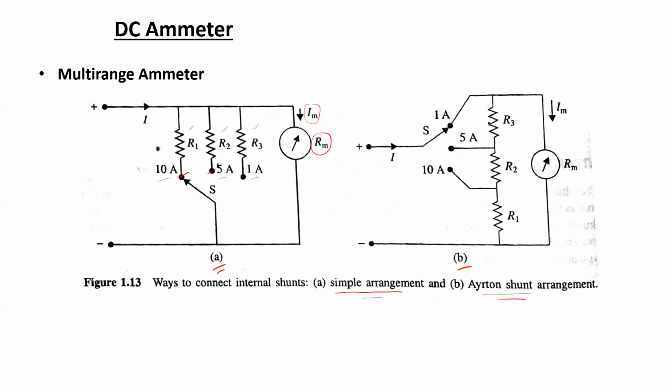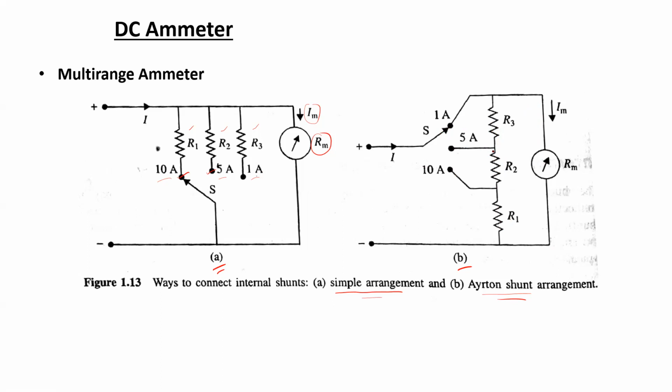Because if you see this sort of arrangement, the shunt resistance is always connected along with the PMMC. So changing the switch location from one point to another doesn't cause momentary disconnection of the shunt resistance, because the resistance is always there.